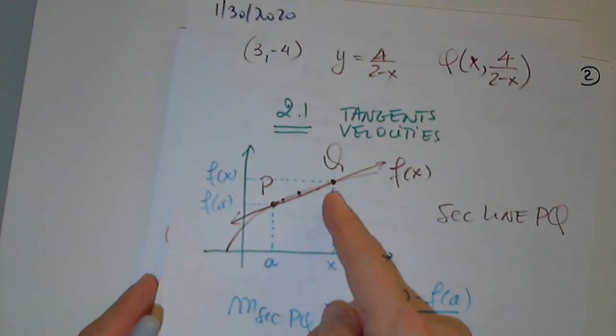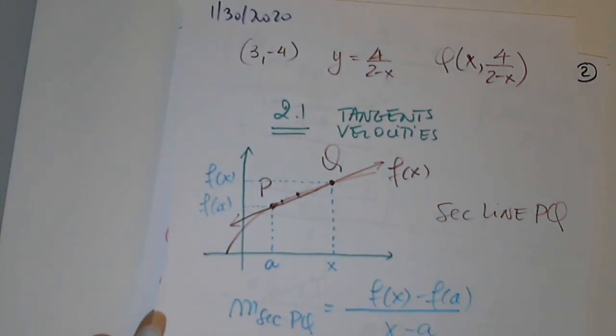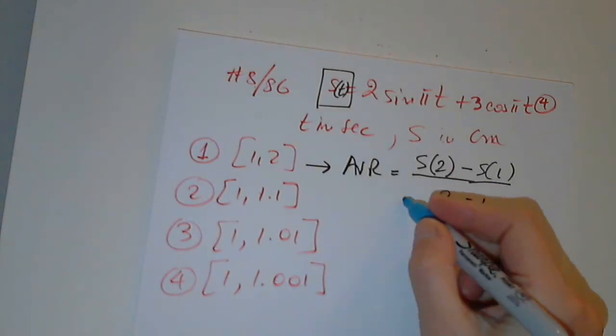So this is 1 and this point is 2. This is f of 1 and this is f of 2. Okay. Is that clear, everyone? Okay, perfect. So is the average rate formula clear? s of 2 minus s of 1 over x2 minus x1, in this case 2 minus 1. Very good. Or t2 minus t1. I don't want to repeat this.